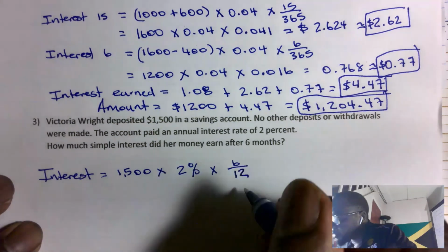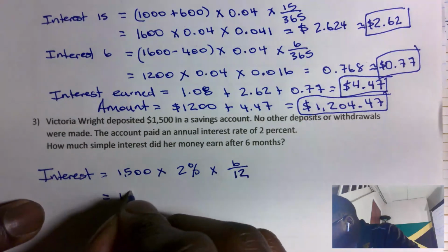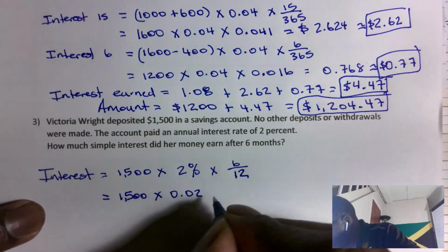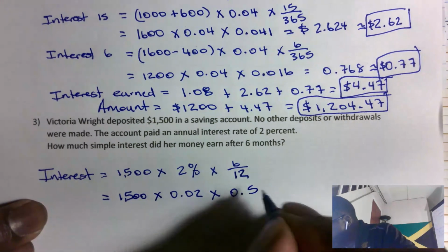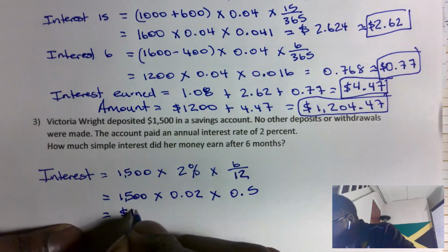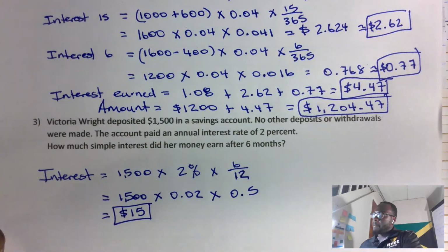Remember, you always express this as a part of a year. So this is equal to 1,500 times 0.02 times 6 divided by 12, which is 0.5. And this is going to give me 15. That's the answer.